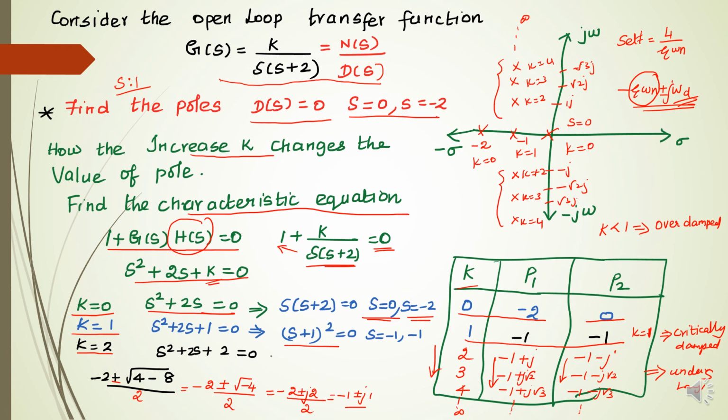So settling time is proportional to the real part of the complex pole for the second order system. So regardless of the value of gain, settling time is always constant. So settling time does not change with respect to the gain, only the imaginary part changes with respect to the gain.